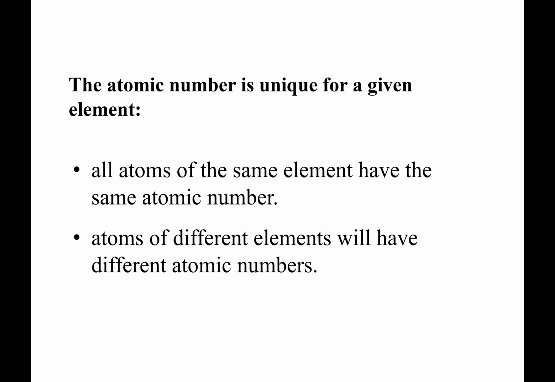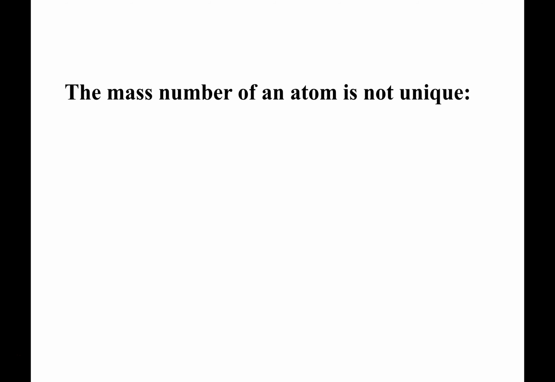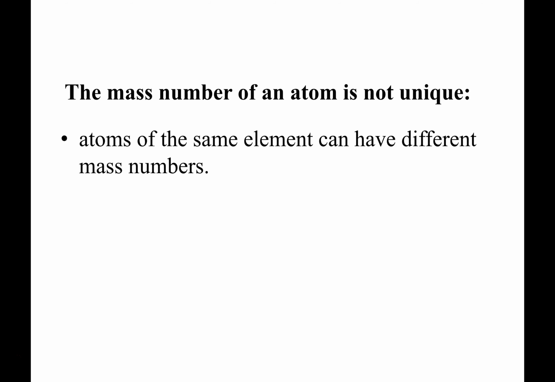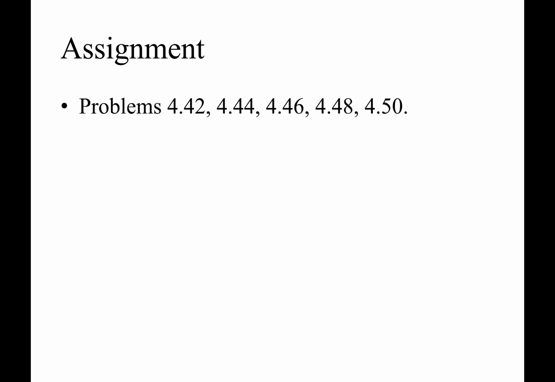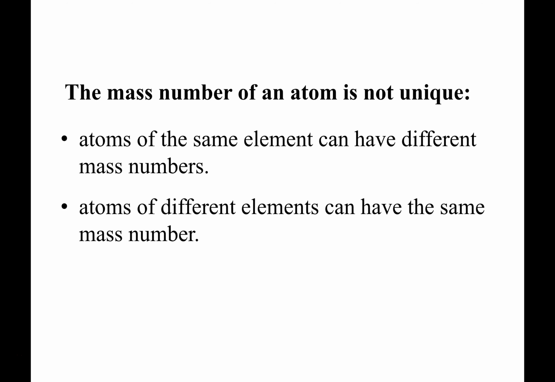Let's contrast the atomic number with the mass number. Mass number is not unique. The reason is the number of neutrons can vary. So this can vary.